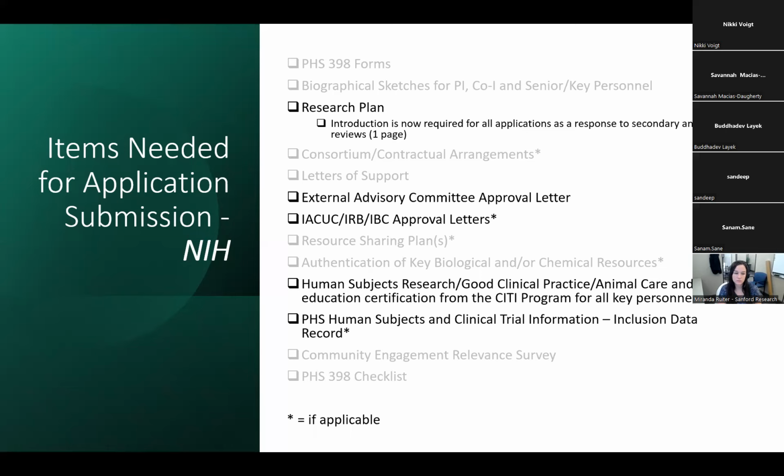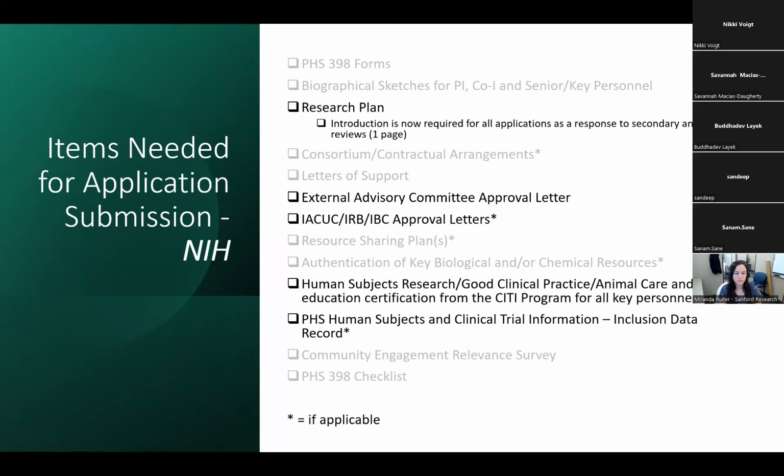So your research plan changes a little bit. You now have an introduction that is really a response to review for the secondary and tertiary reviews that you get. And then you have EAC approval letters, if applicable to your project, IACUC, IRB, IBC approvals.